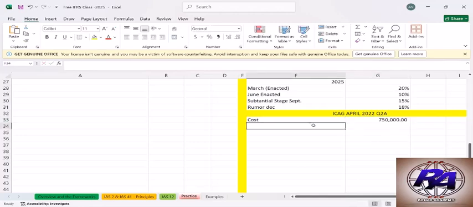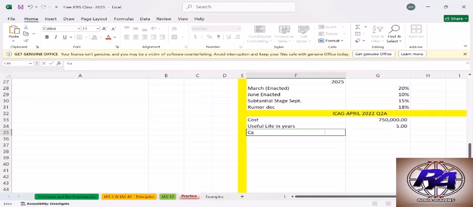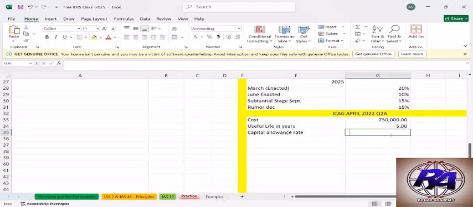Okay, then useful life. Useful life in years is 5, right? Then we're given capital allowance. Capital allowance rate is 30%. Yeah, what else do we need? The dates, right? The dates.